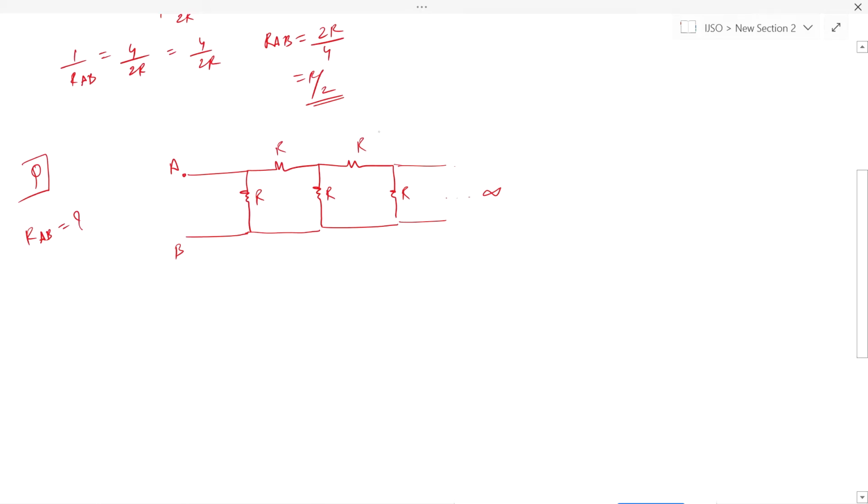So from here it forms this thing like a pattern. Because if I eliminate one, as such, it won't affect the resistance. So it's A.